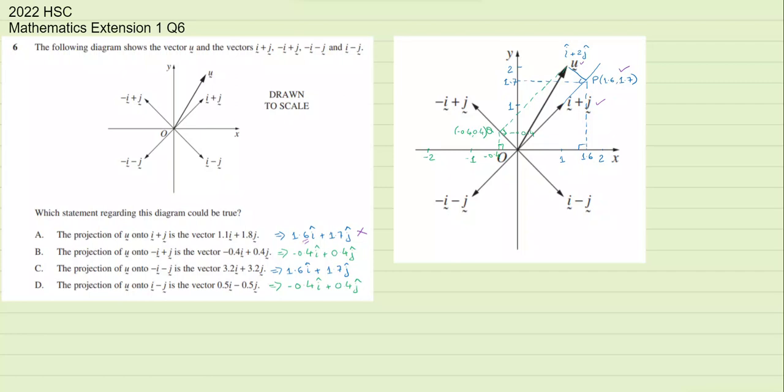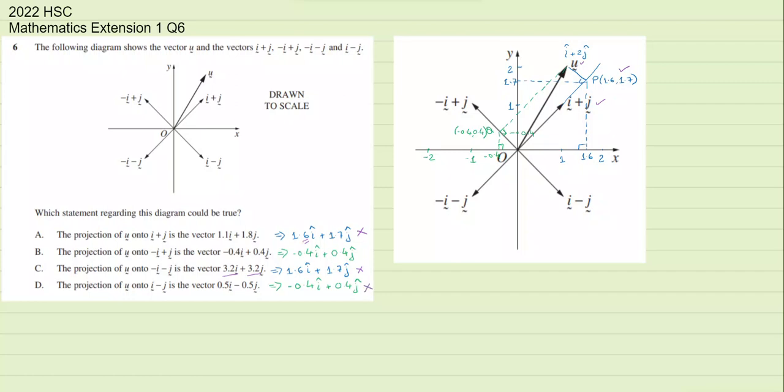Option C, where the projection will still be the same, says 3.2i and 3.2j, but the projection that we see in the graph is 1.6 and 1.7. So this is again ruled out. And option D, the projection on i minus j, we have seen from the graph is close to minus 0.4 and plus 0.4 against what is given in the question, so this also does not match.